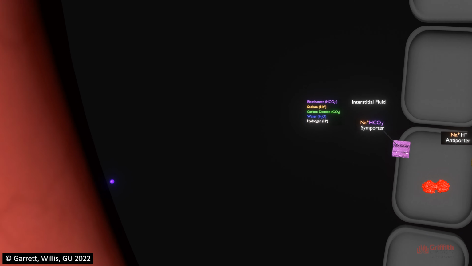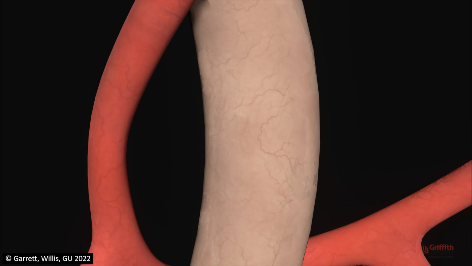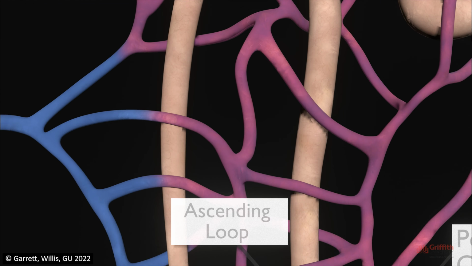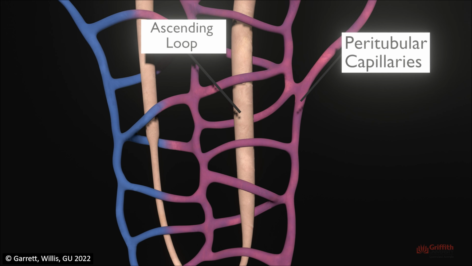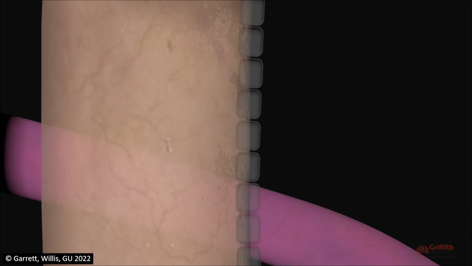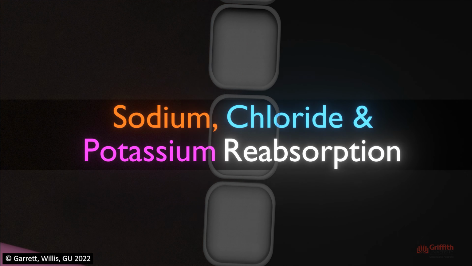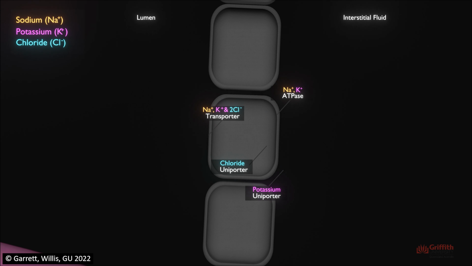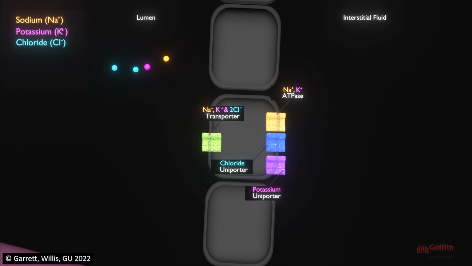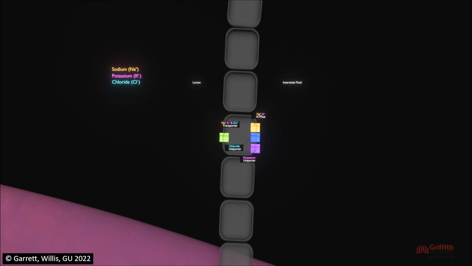Although it doesn't anatomically follow the proximal convoluted tubule, we're going to skip ahead to the ascending loop of Henle. Here, secondary active transport occurs of chloride, sodium, and potassium via the sodium-potassium 2-chloride co-transporter. A sodium-potassium pump operates at the basolateral membrane, which creates the ionic gradient driving the co-transporter.